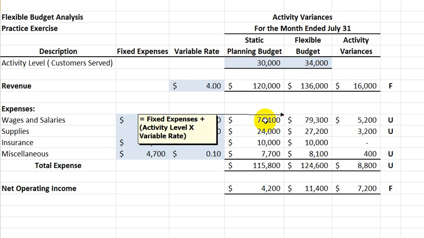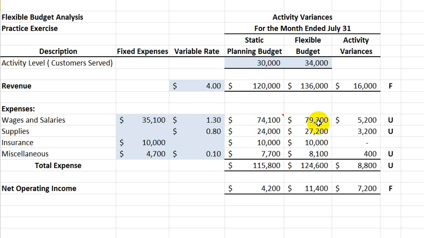So the formula is the fixed expenses plus the activity level times the variable rate. Using that same formula but increasing it to 34,000 customers generates roughly another $5,000 in expense. So that becomes 79,300 under the 34,000 flexible budget.